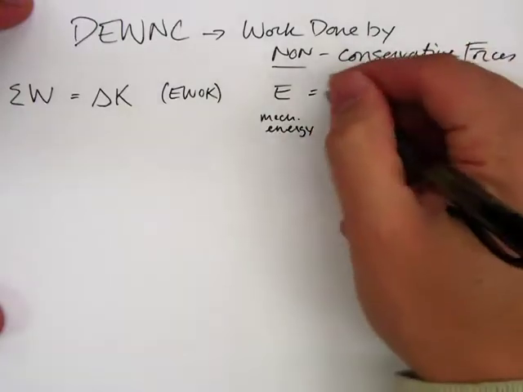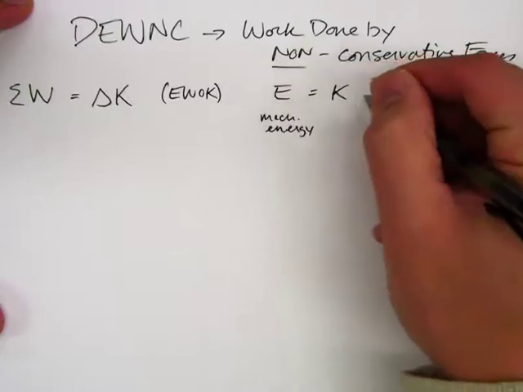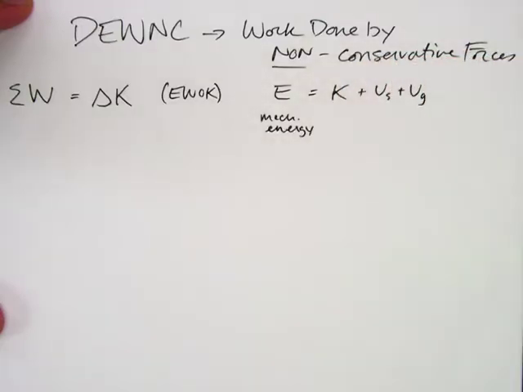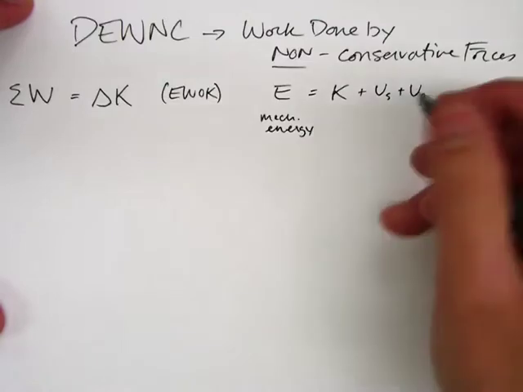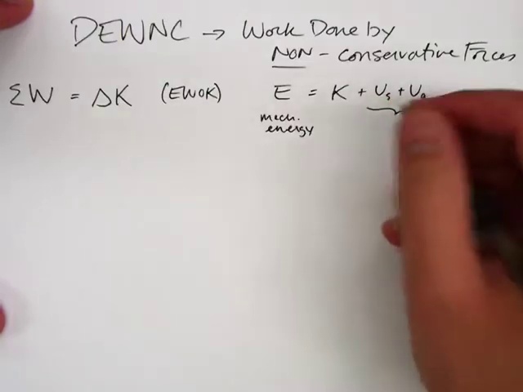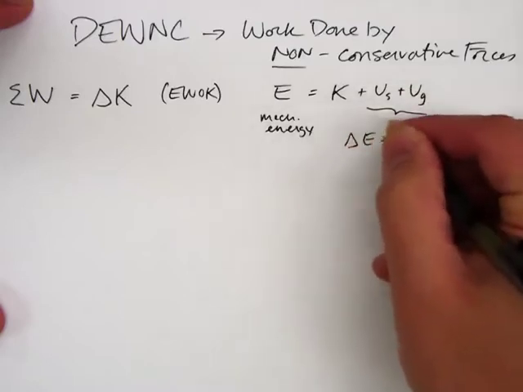So the total mechanical energy of a system or an object is its kinetic plus its spring potential plus its gravitational potential. And we've seen that if only under the influence of conservative forces like spring force and gravity, this delta E is 0.